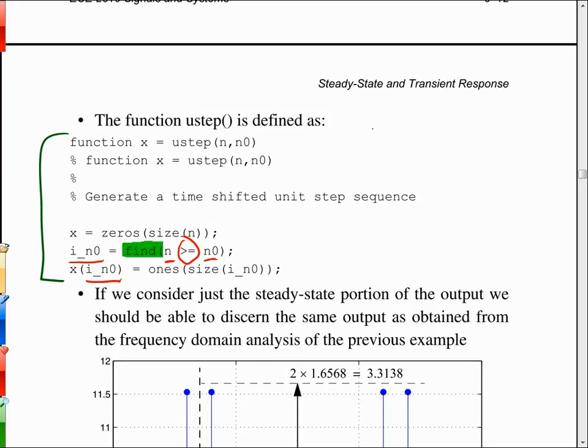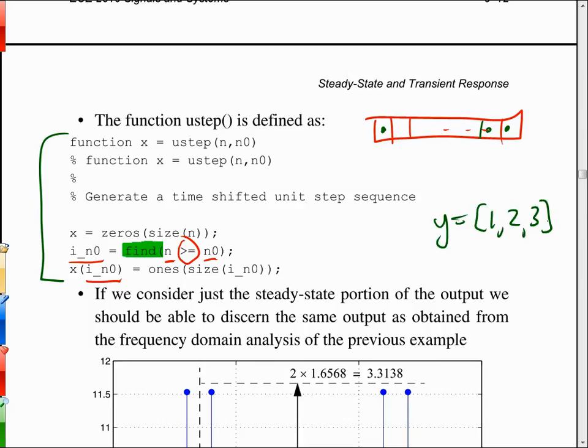So if the vector x, let's say, was this big long vector that has all these slots in it, and the find function returned indices to this slot, maybe this slot and this slot, returned the indices to those three slots. So I'm sitting over here with another vector, say y, that contains 1, 2, 3.